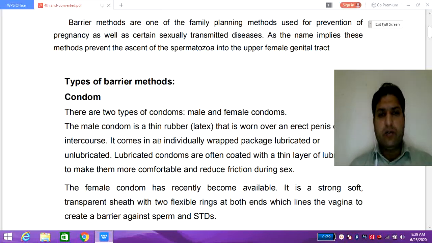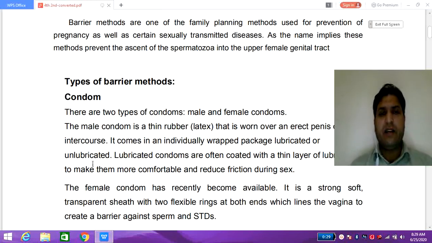The male condom is a thin rubber latex sheath worn over the erect penis. In the case of male candidates, this condom is made of thin rubber and is used during sexual intercourse. It comes individually packed, lubricated or unlubricated.